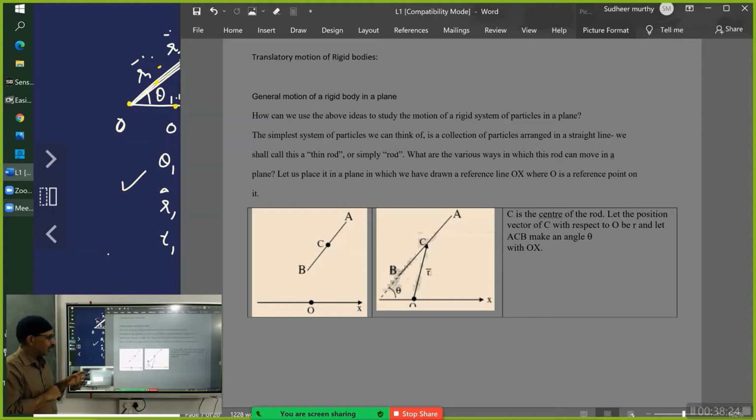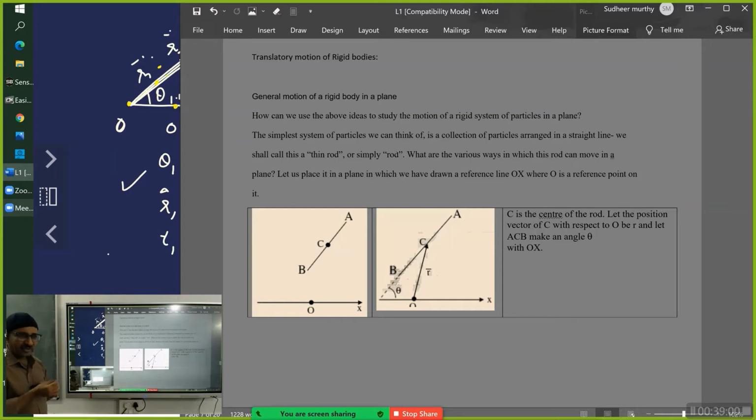Now if I say the rod is translating, the rod is rotating, you have to give a math model for these two concepts. A rod is moving, the rod is translating, the rod is rotating.